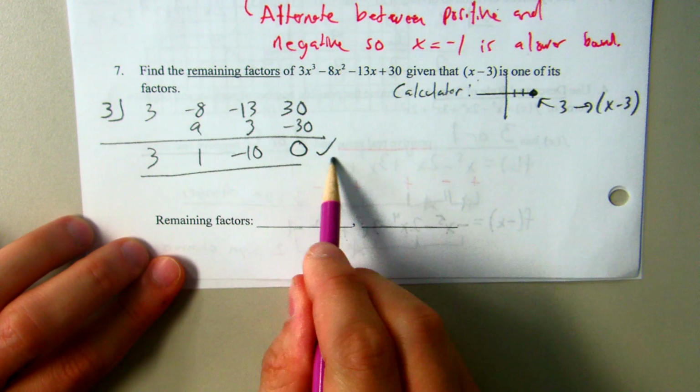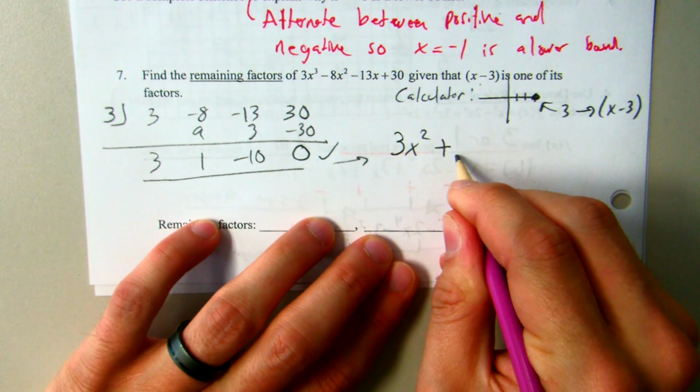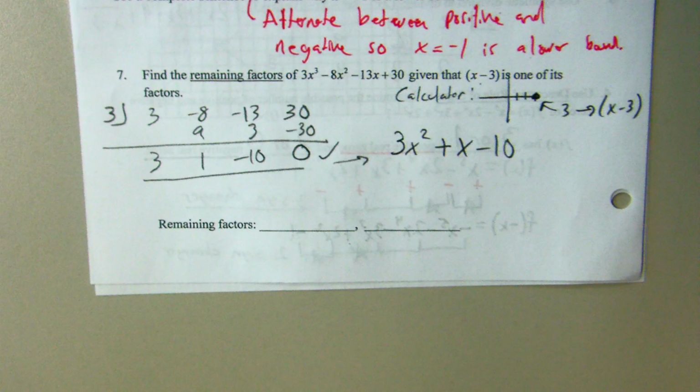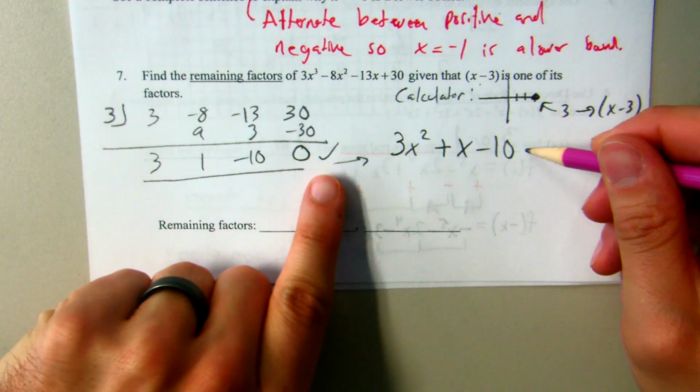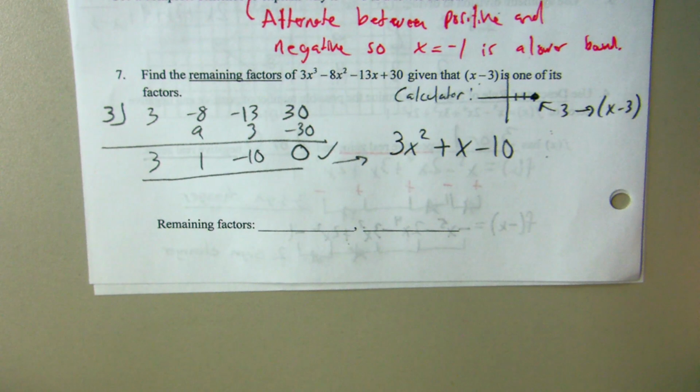Now if we interpret what this means, this is how many x squareds, x's, and a constant. And here we don't need to say plus the remainder over the divisor because the remainder is 0. 0 divided by anything is 0. So we don't have to keep up with the remainder.